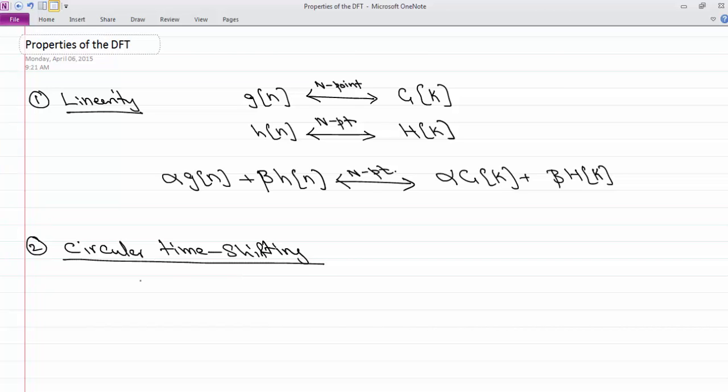Now, we know for a discrete time sequence and the DTFT what happens to the phases of the frequencies if you shift the signal.